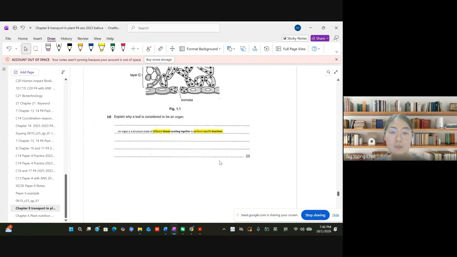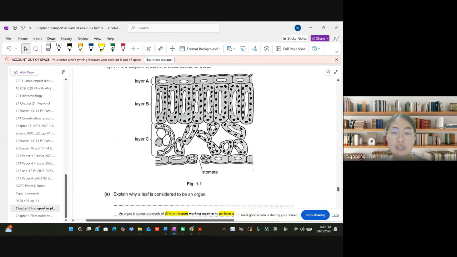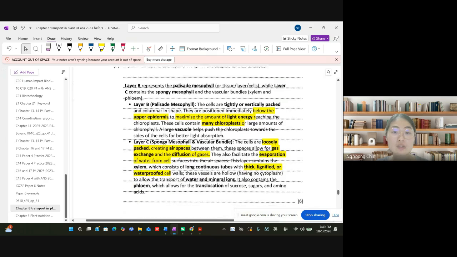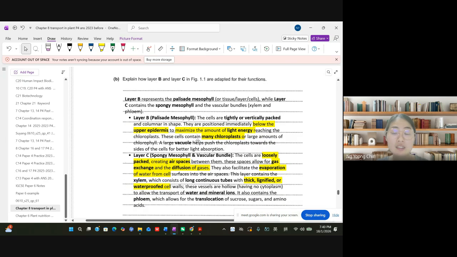Okay, so remember the leaf structures, right? Upper epidermis, the palisade mesophyll cell, and the spongy mesophyll cell. You should know how to describe the leaf structures. So the palisade mesophyll cell is tightly packed, columnar in shape, located under the upper epidermis, and contains many chloroplasts, so they can maximize the amount of energy trapped by the chloroplasts.